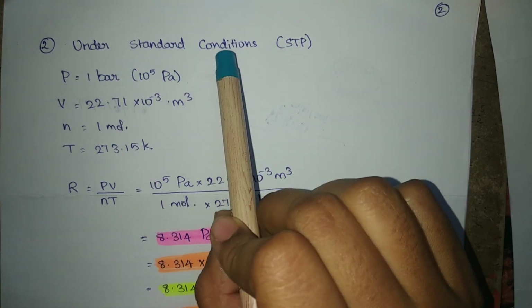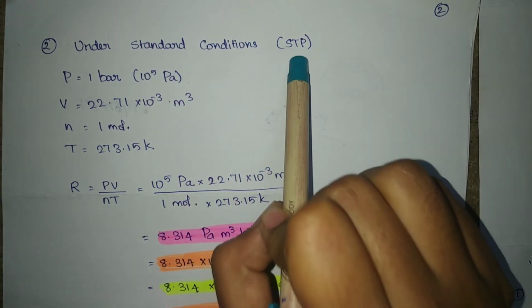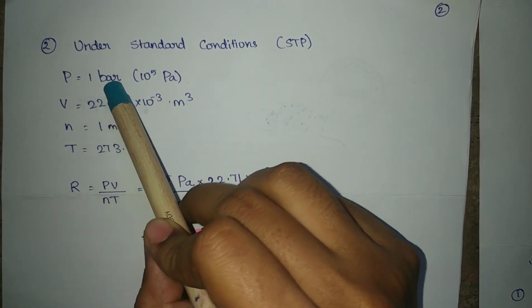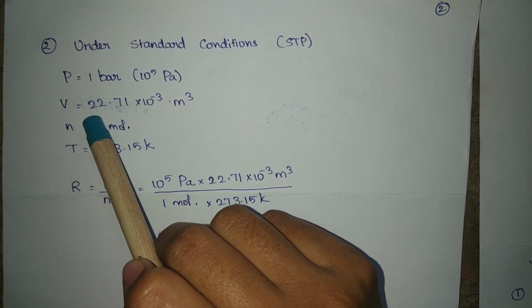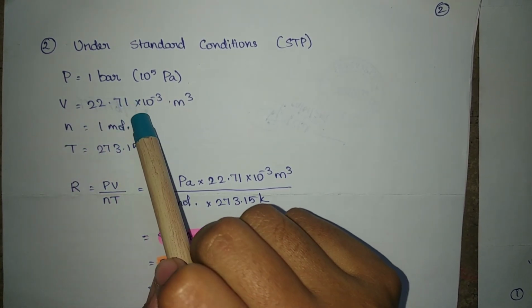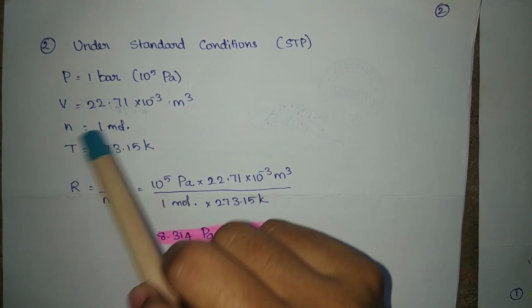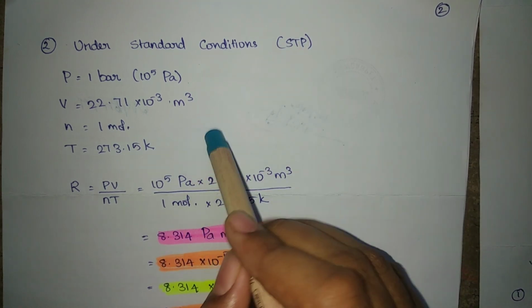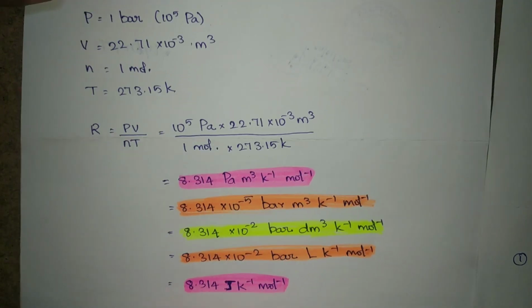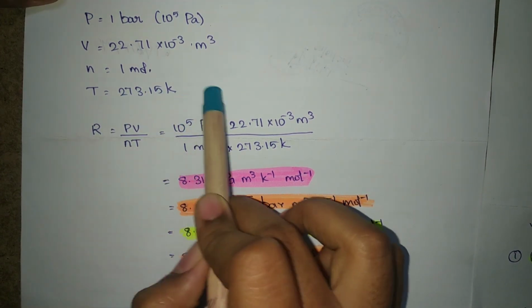Now the another value for R. Under standard conditions, that is standard temperature and pressure, STP, the value for pressure is 1 bar, that is 10 power 5 pascals, volume is 22.71 into 10 to the power of minus 3 meter cube, number of moles is 1 and temperature is 273.15 Kelvin, that is 0 degrees Celsius. We know the ideal gas equation, PV is equal to nRT.